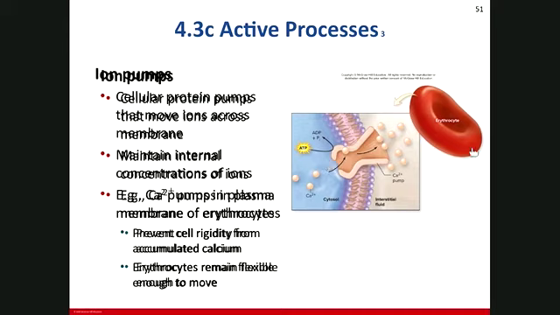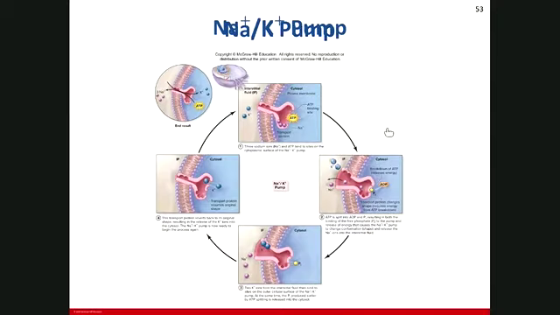The other type of primary active transport is called sodium potassium ATPase pump. If you look at this picture, you can understand how this pump works. We have first phosphorylation of the ATP.